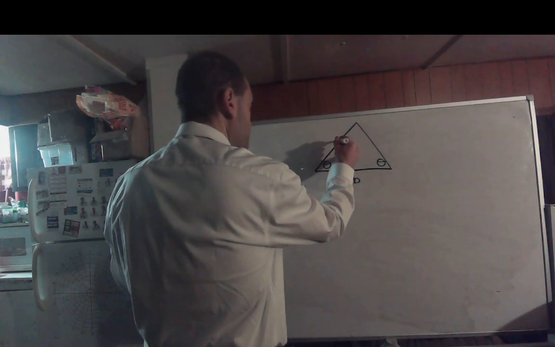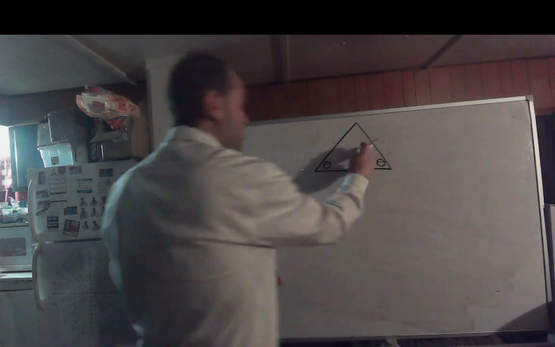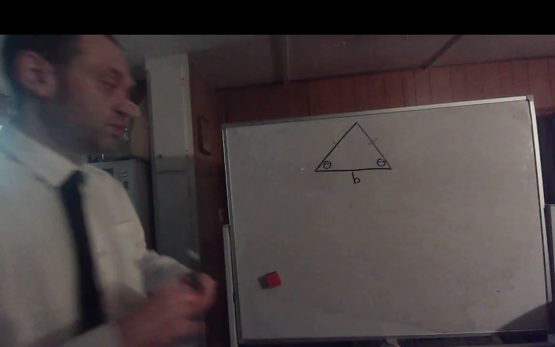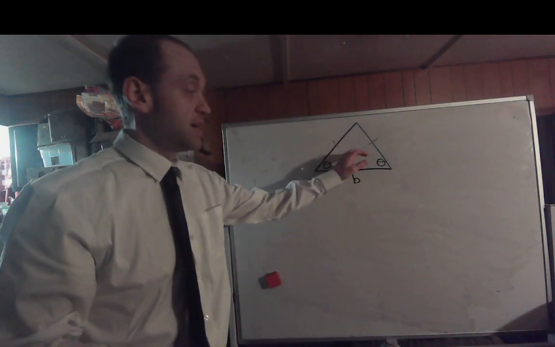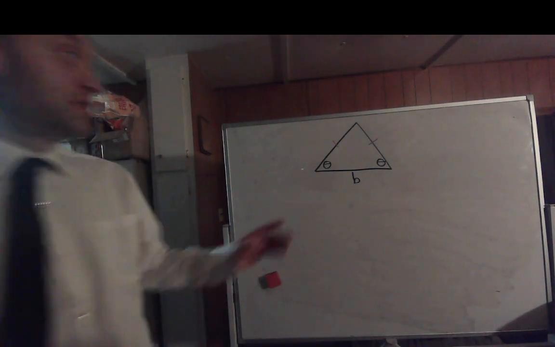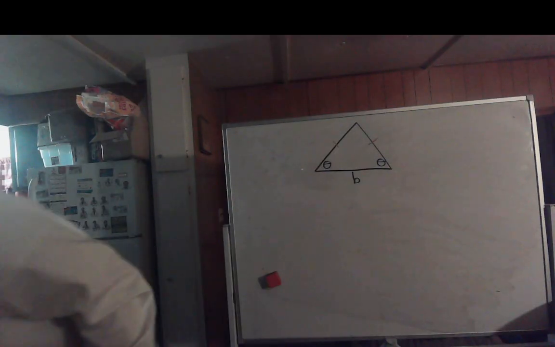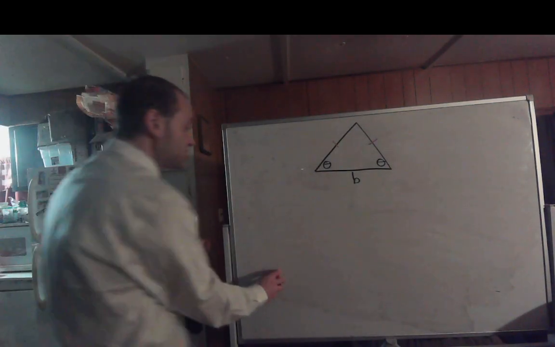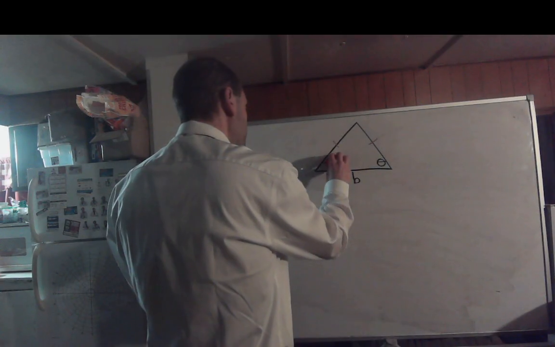In fact, let me mark these as an isosceles triangle. We probably haven't seen these markers since geometry, but I just want to indicate that this is an isosceles triangle. So the goal is to find the altitude. So in this case, we're given that angle theta is 52 degrees.